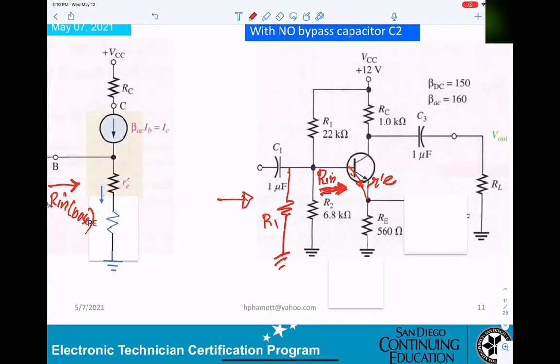What did you say, Mr. Pham? I said still not done. You can say R prime E, right, and R big E, right, but I said not done yet. Who else? RL. RL is not related to the input resistance. That's the output resistance.